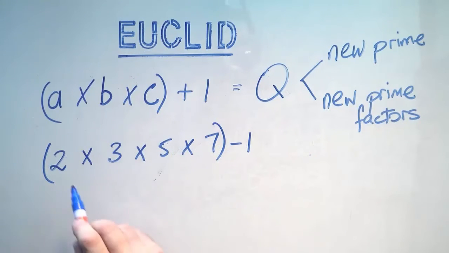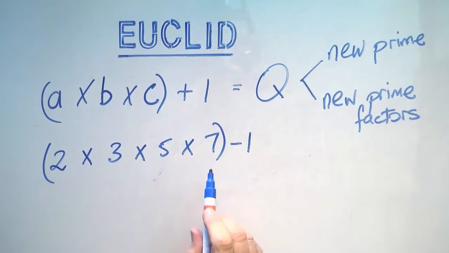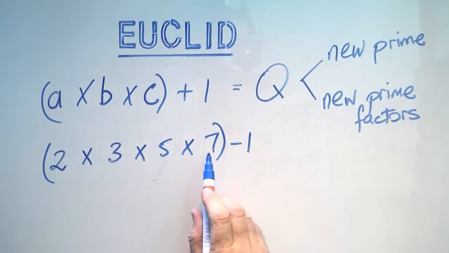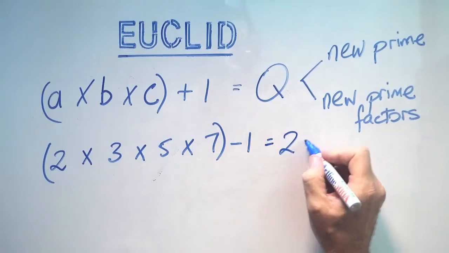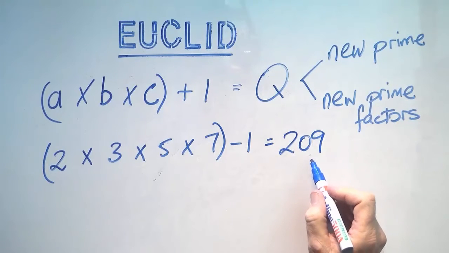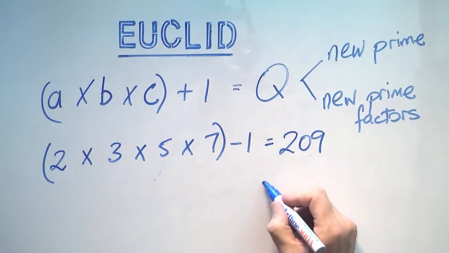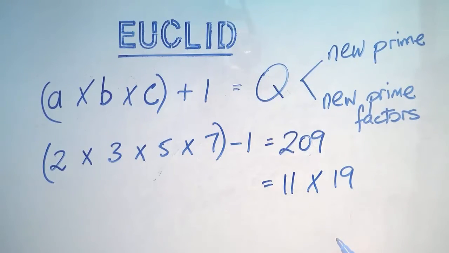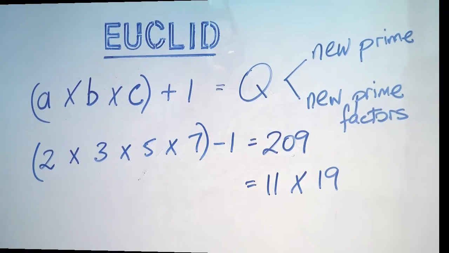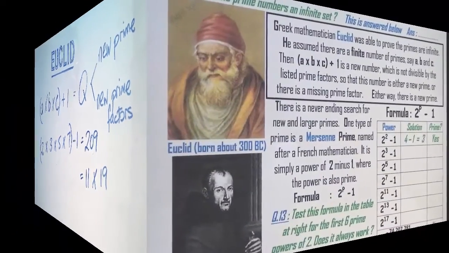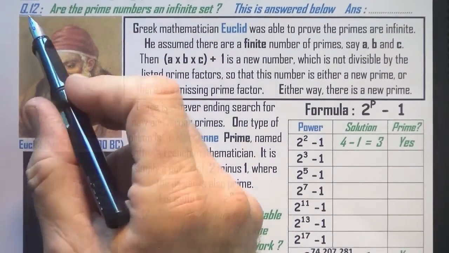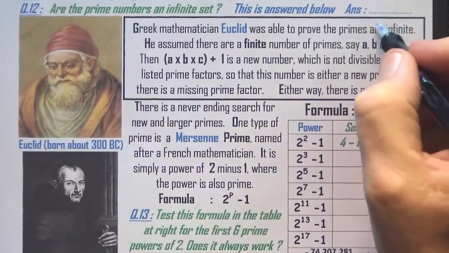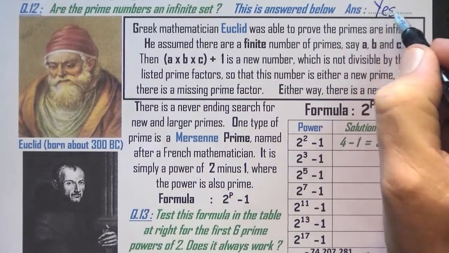We could try that again. 2 by 3 by 5 by 7 minus 1, well it's 210 minus 1 is 209. Is 209 prime? No, it's not. It's 11 by 19. Euclid's proof of the infinity of the primes is regarded as one of the best in mathematics. For question 12, are the prime numbers an infinite set? Well, we see yes, they are.